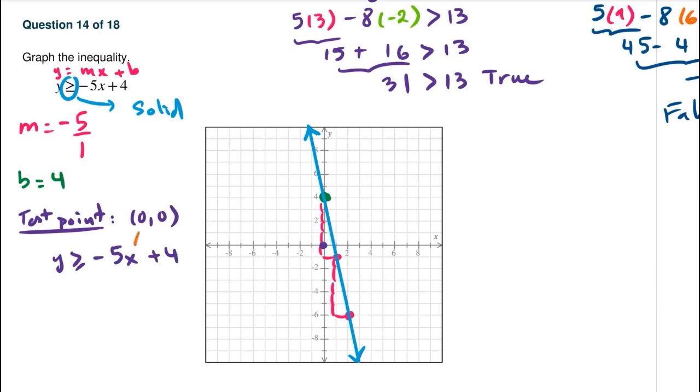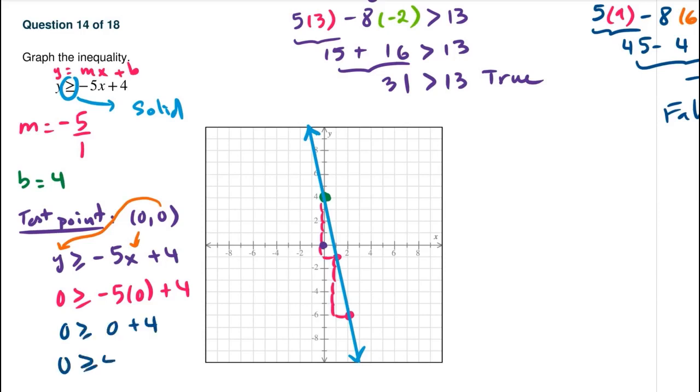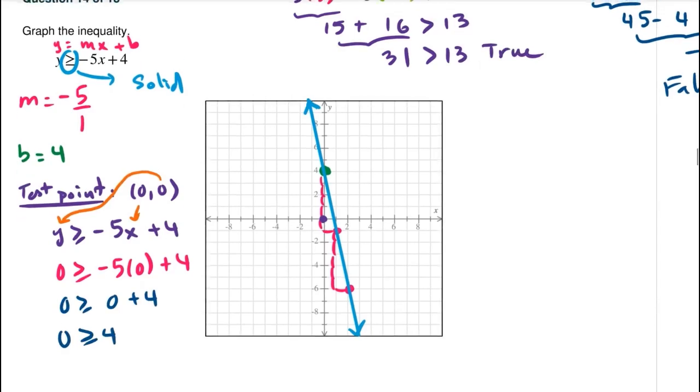And this time we plug in x as 0 and y also as 0. So that will give you 0 greater than or equal to negative 5 times 0 plus 4. So that will be 0 greater than or equal to 0 plus 4. 0 greater than or equal to 4. Which is not. 0 is not greater than or equal to 4. So this is going to be a false statement.